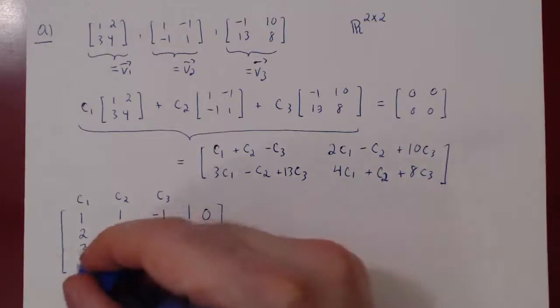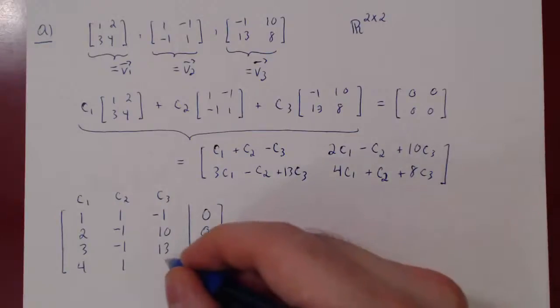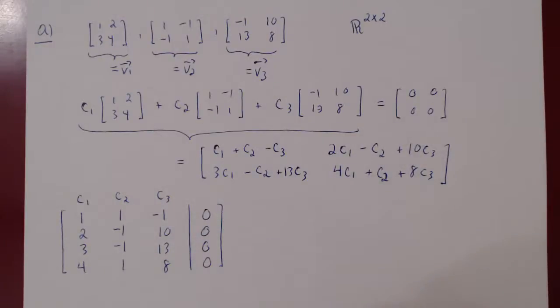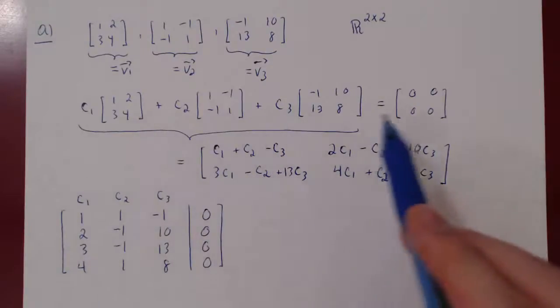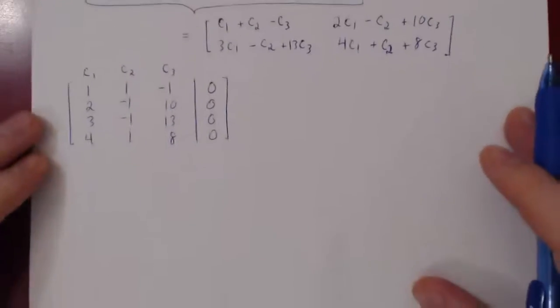And finally, 4c1 plus c2 plus 8c3 must also be equal to 0. Now we can solve for the coefficients of our linear combination by simply solving the linear system. Let's row reduce.